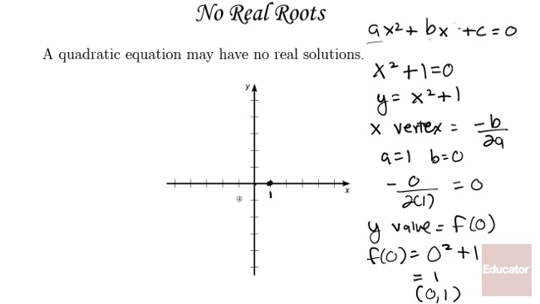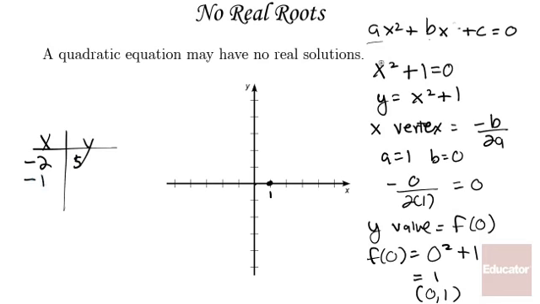There's the vertex. And this is going to curve upward because a is positive. Finding some x and y values. When x is negative 2, negative 2 squared is 4 plus 1, that's going to give you 5.